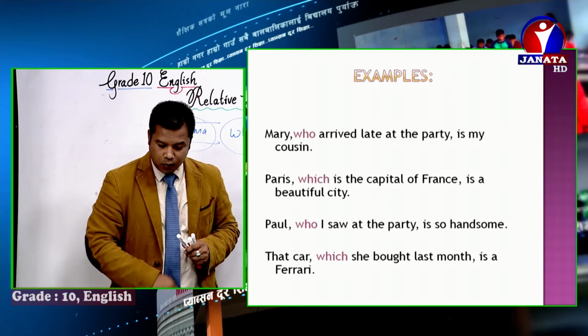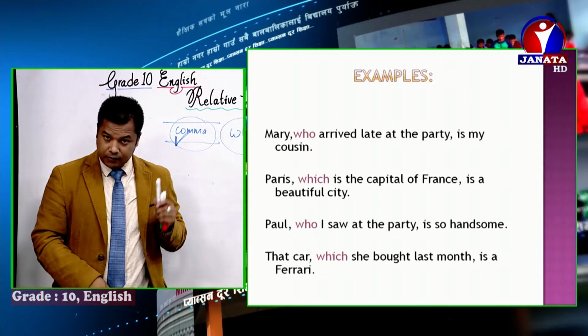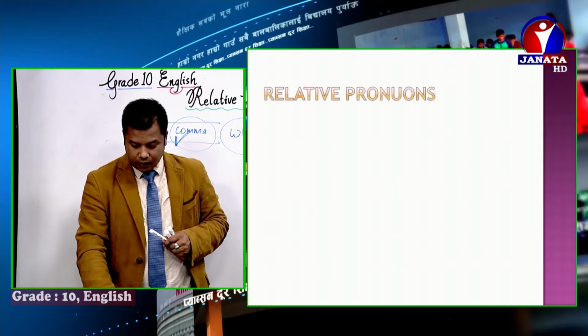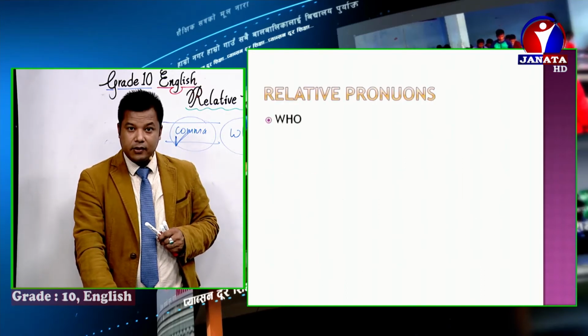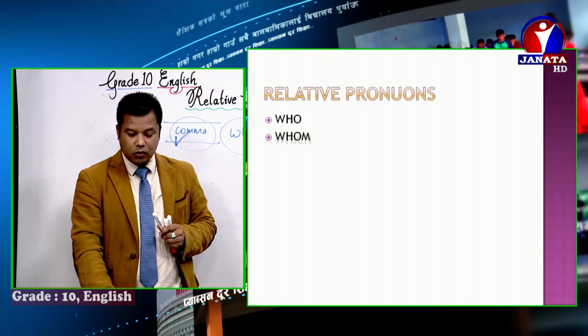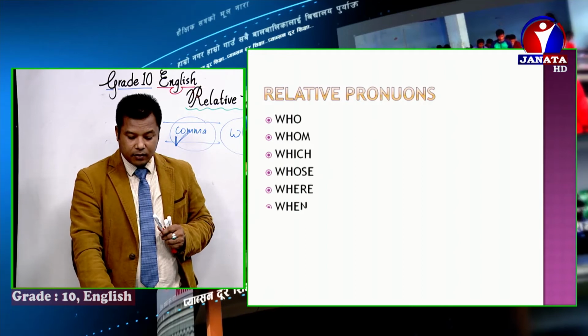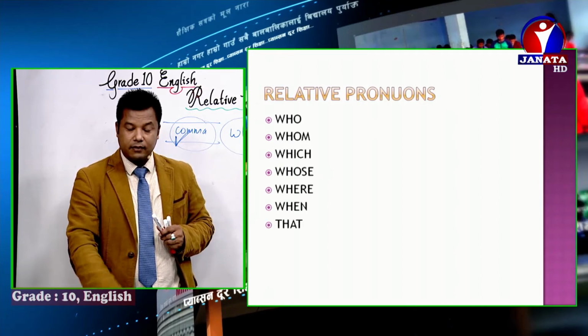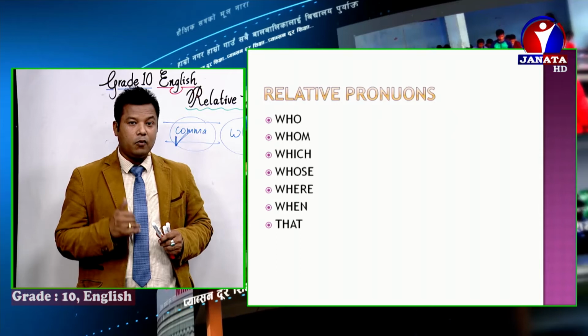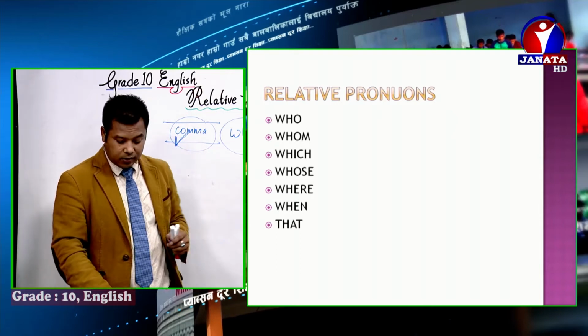So you have got a few more sentences at the bottom which you can read on your own. Relative pronouns that we studied today, quick glance: who, whom, which, whose, where, when, that. These are the list of the relative pronouns we use for making relative clauses.